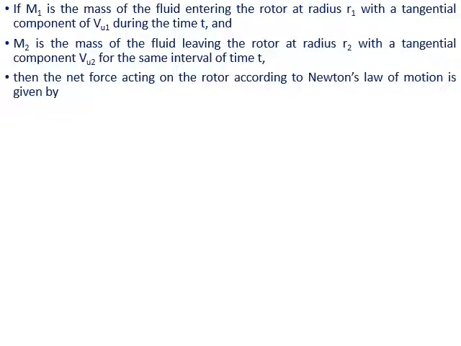Then the net force acting on the rotor, according to Newton's law of motion, is given by F equals m1 by gc into t multiplied with Vu1, minus m2 by gc into t multiplied with Vu2. So that is the net force acting on the rotor.